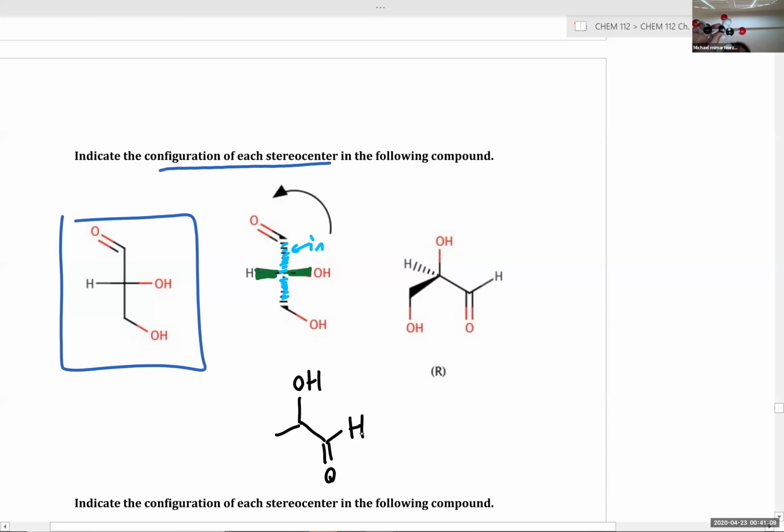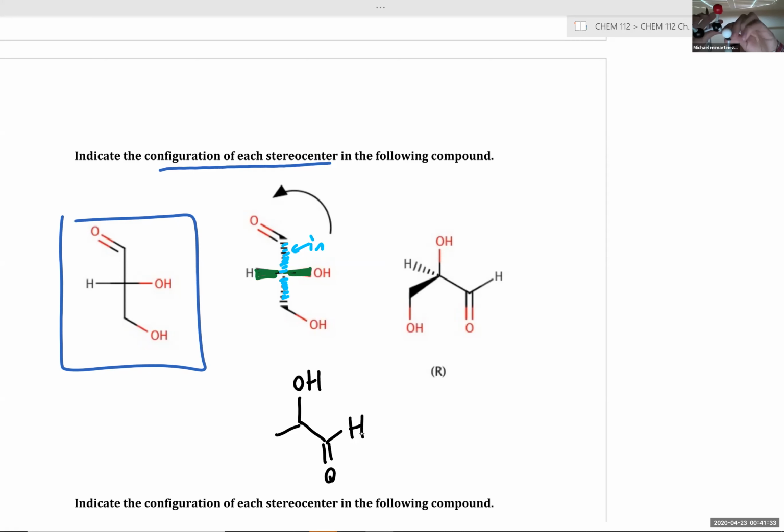This CH2OH, is it pointing towards us or away from us? This one right here? Let me show you the perspective.